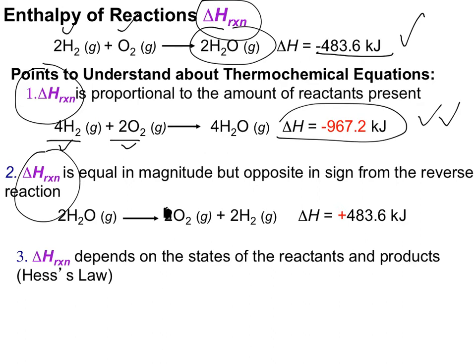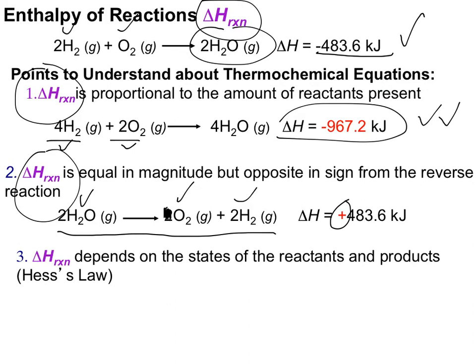If I flip this reaction over, as you see down here, and I go from H2O, so basically doing a decomposition reaction instead of a synthesis reaction, I have O2 and H2 as my products. Because I flipped this reaction, the sign has now changed from negative, like we saw up above, to positive, because it's the reverse of the reaction.